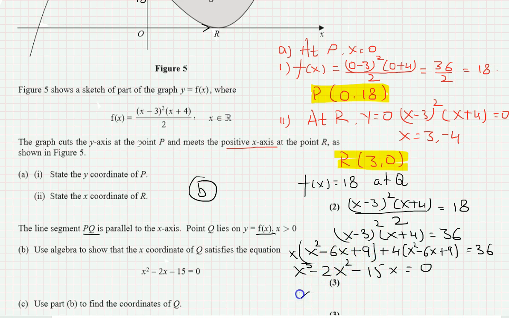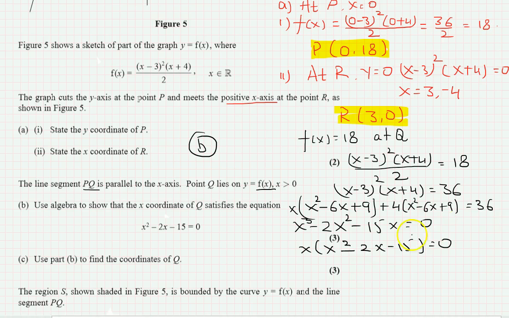So if we take x common, this is x squared minus 2x minus 15 is equal to 0. That shows, it says that x is not 0, so this part is 0. So x squared minus 2x minus 15 is equal to 0. So this is what we are supposed to prove.